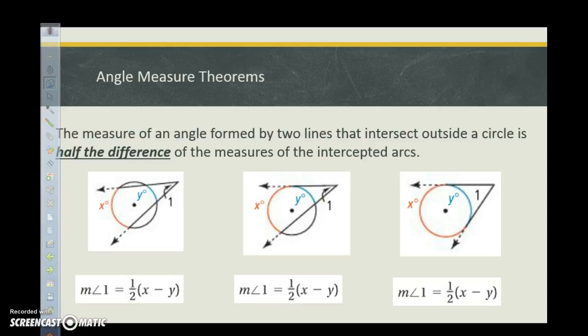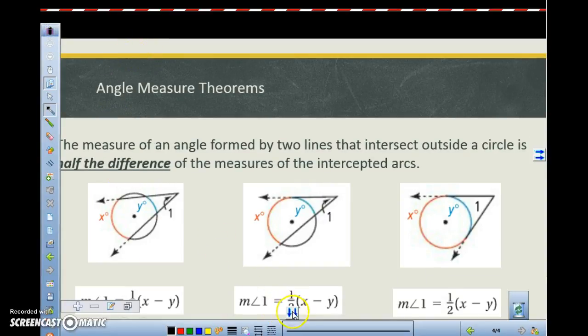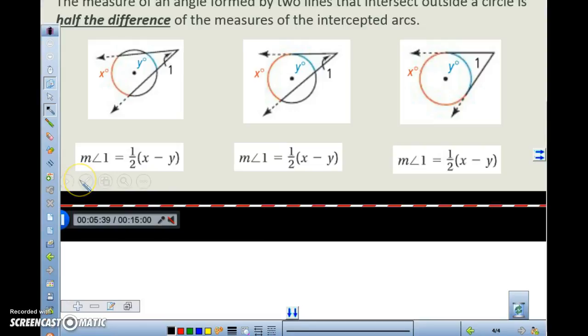So if we wanted to use some numbers, so you can get a sense of what's happening here. Let's say this is 60 degrees, and this arc in blue was 20, and we want to find angle 1, which is on the outside of our circle, the vertex of our angle.